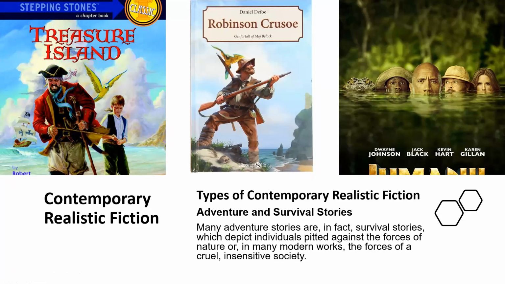Robert Louis Stevenson's Treasure Island, adventure story. Robinson Crusoe by Daniel Defoe, once again, adventure and survival story on an island. Then we also have Jumanji, both the book and the movie, of course. Another adventure survival story, although the difference is this one is set in the future, for the modern version of it.